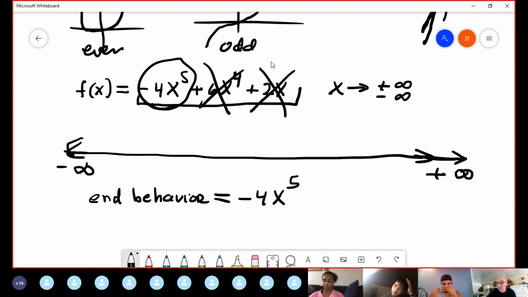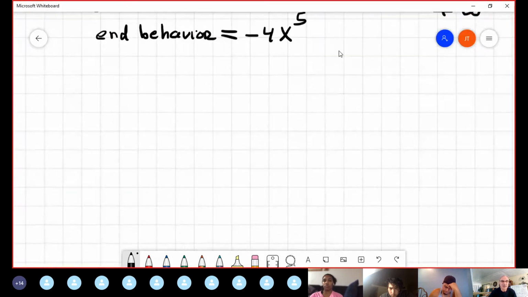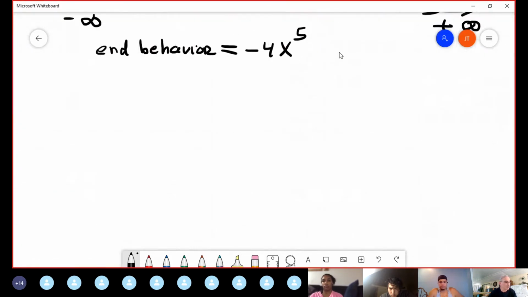So that's easy: you take the monomial that contains the highest exponent. But it's not always easy. Sometimes it's a little bit complicated. Let me show you one example, and you help me find the end behavior.